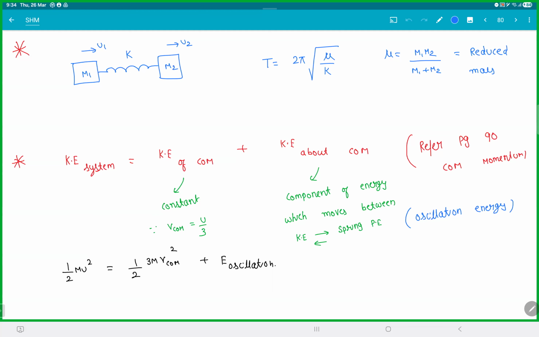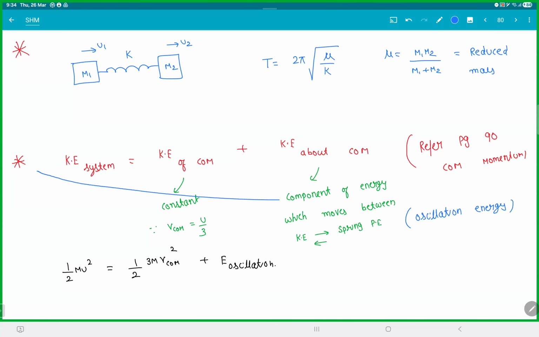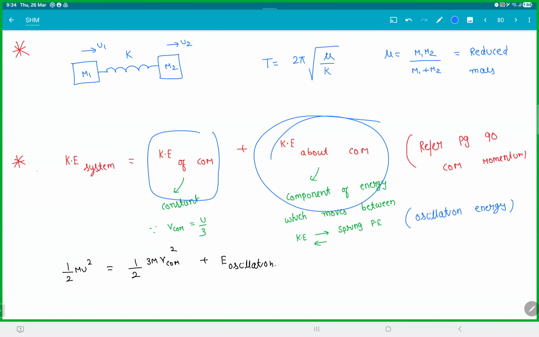And that you know how to find, and there's a shortcut for this, half mu v relative square, and you're done. Clear? Or you can also argue the kinetic energy of a system is the kinetic energy of the center of mass plus that about the center of mass. Since the center of mass velocity is anyway constant, only this part of the energy is changing. So that I can also calculate. Either way, it works. All clear with this?